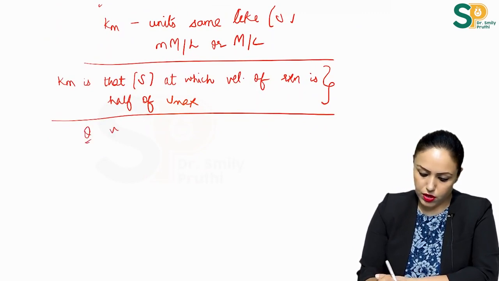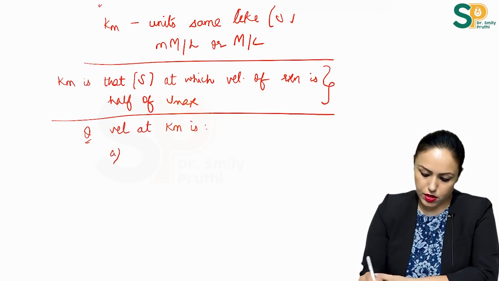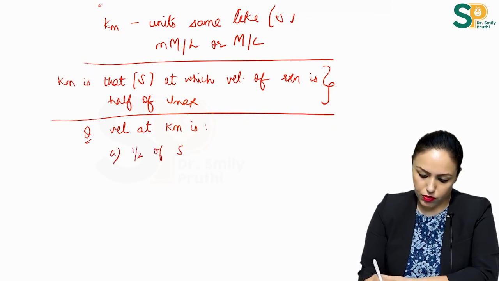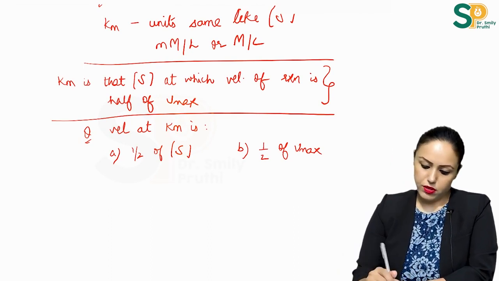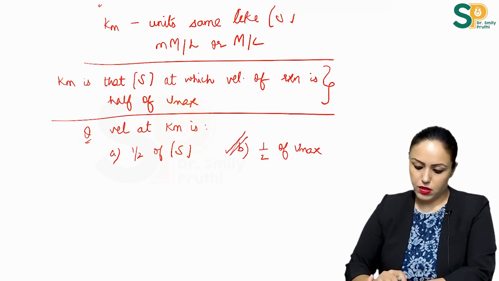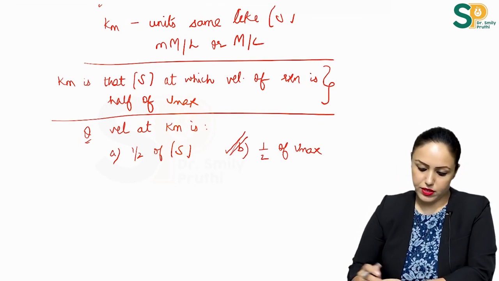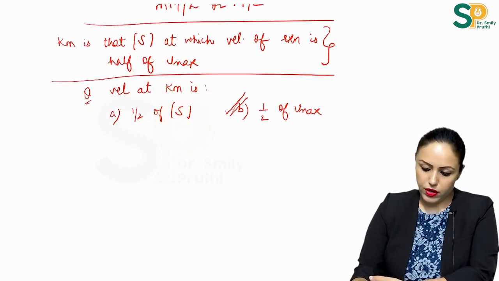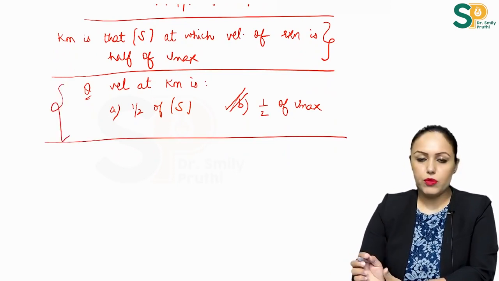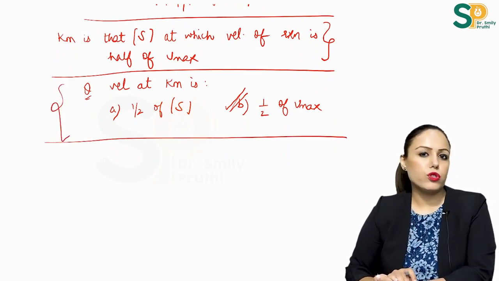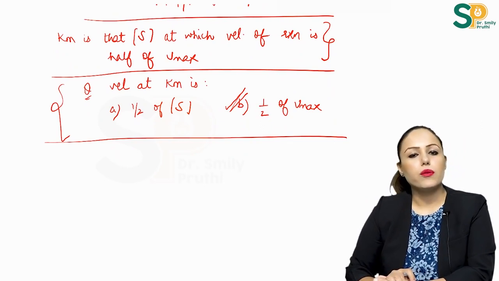A question was asked: velocity at Km is option A, half of substrate concentration, option B, half of Vmax. So what will be the answer? Answer is B. Velocity is half of Vmax at Km, right? Right now you're studying the topic, so it appears very easy to you. But when you solve such questions in the exam, mostly students get confused. So please be careful.